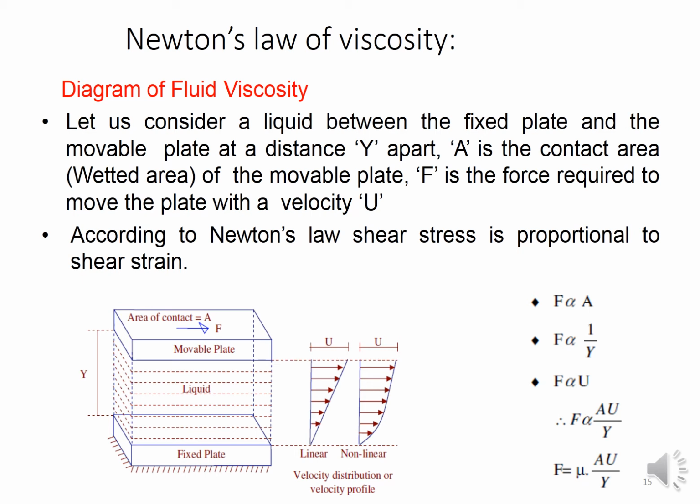And velocity is directly proportional: force increases, velocity increases. So I can directly write F is directly proportional to A u by y. And if you want to remove the proportionality and make it equal, use the constant mu. Mu is nothing but viscosity: F equals mu A u by y.